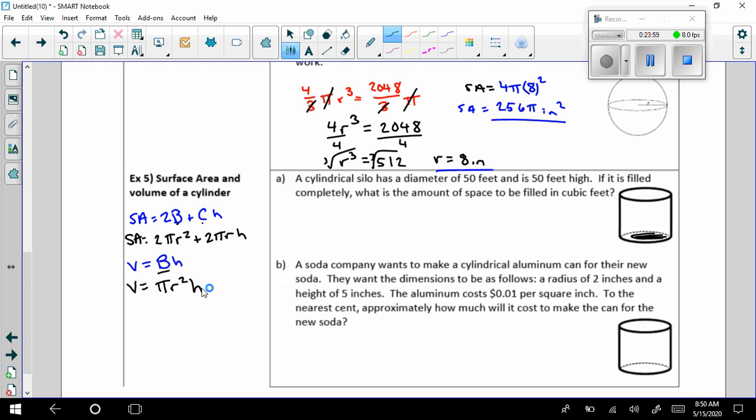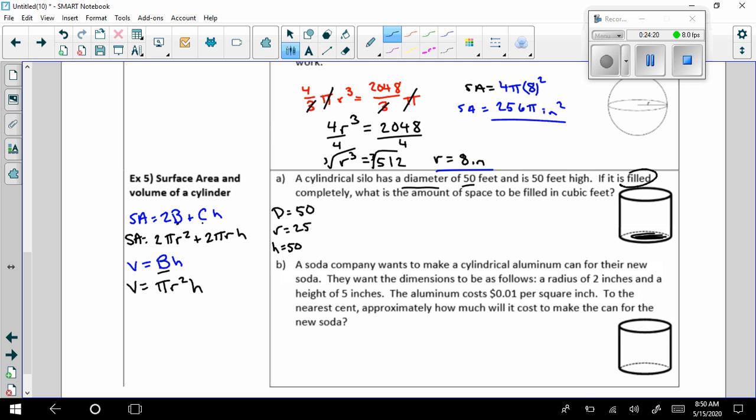All right, so a cylindrical silo has a diameter, and so in this case, again, we're given the diameter, meaning that if D equals 50, R equals 25, half of that, and is 50 feet high. So we know H is 50 also.